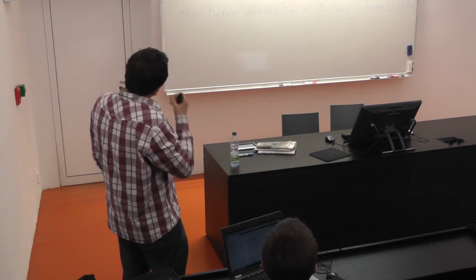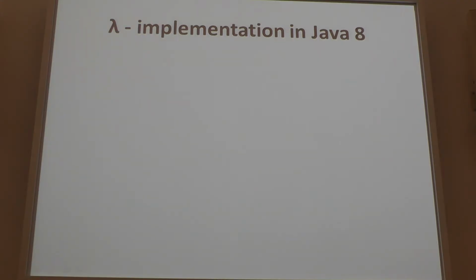And let's look at how this is implemented in Java 8. And it's something very, very different. Java 8 does not define any special anonymous classes for the functional interfaces. It hides the implementation of the methods of those interfaces in synthetic methods in the class where you use it.